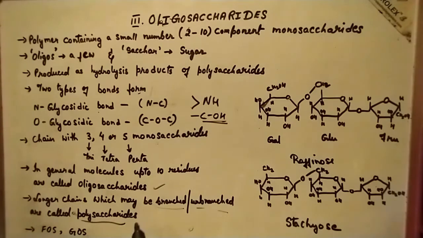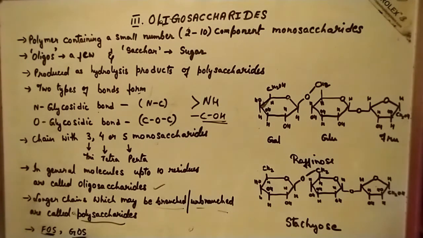A very common vegetable oligosaccharide is fructooligosaccharides, FOS, which consist of a chain of fructose monosaccharide units. Other naturally occurring oligosaccharides are galacto-oligosaccharides, which consist of short chains of galactose molecules.